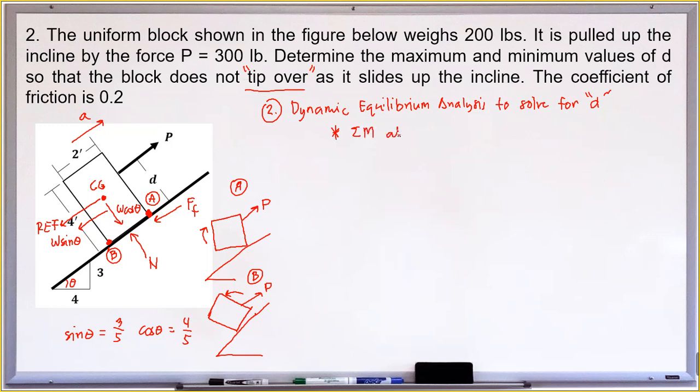Summation of moments at pivot point A. Okay, at pivot point A, we go back to drawing the FBD, its scenario. I exaggerated it a bit. So therefore we have the REF here, as well as the weight sine of theta.